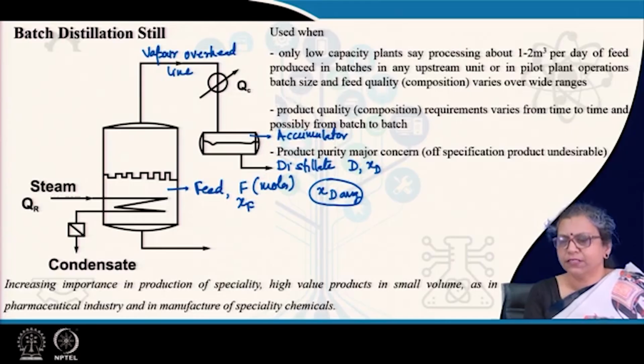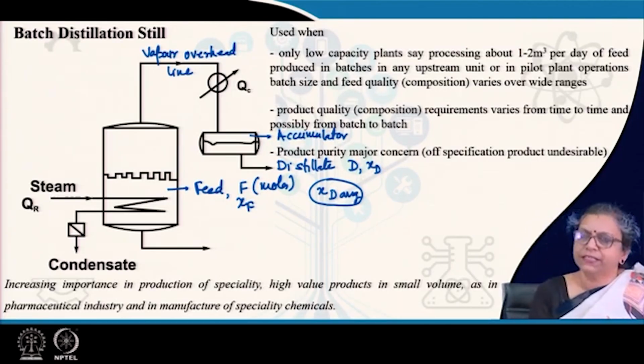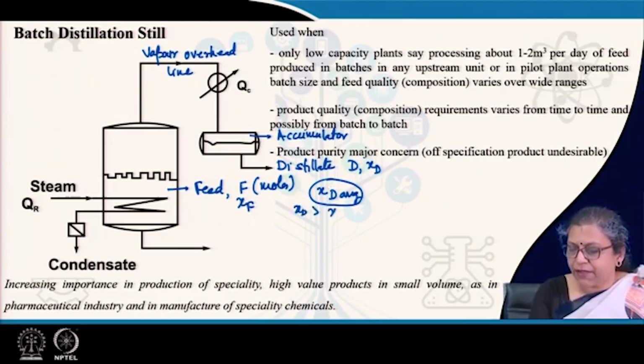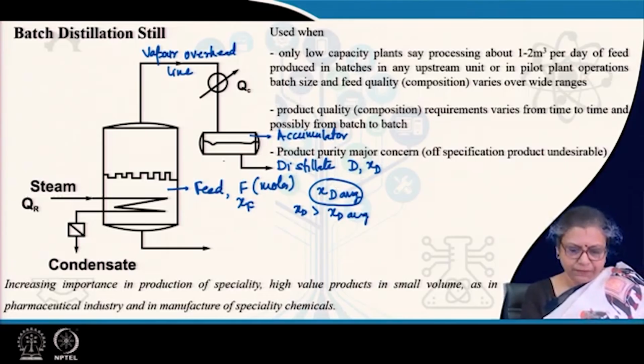There can be instances when the composition of the desired component is denoted by X, but mostly it is the more volatile component, at least for this particular class. So initially we will start with XD greater than XD average, then gradually as distillation proceeds XD will be depleted, becoming less and less till maybe it falls below XD average. We continue distillation till the average product composition meets our specification. The moment it has met, we stop the distillation process.